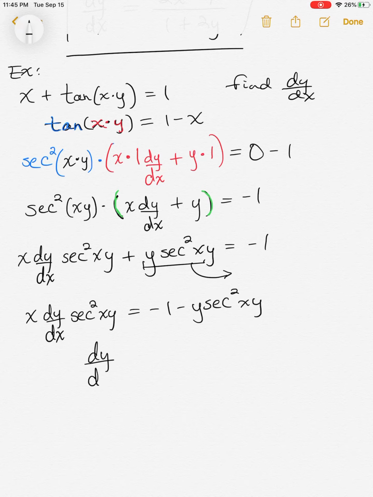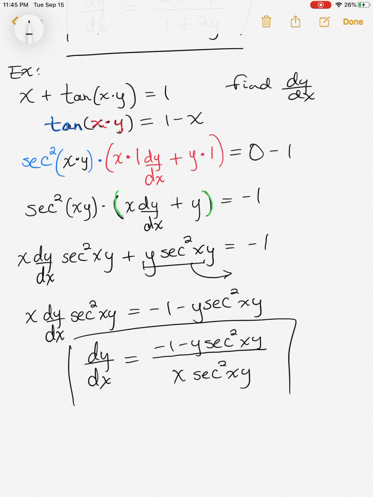Dividing each side by x secant squared(xy), we get that dy/dx is equal to (-1 - y secant squared(xy)) over (x secant squared(xy)). Implicit differentiation will take a little practice, but it's just something that you get used to by doing more and more examples.